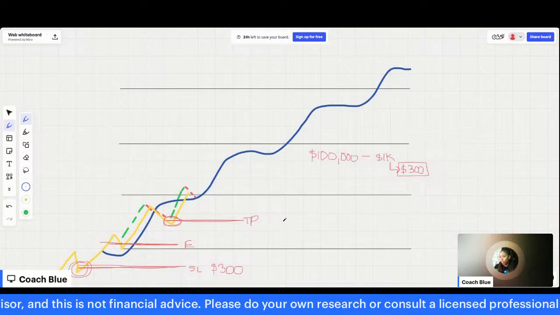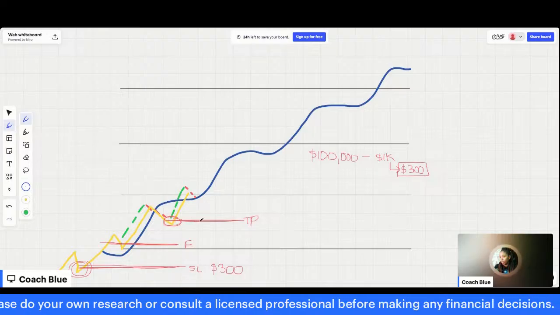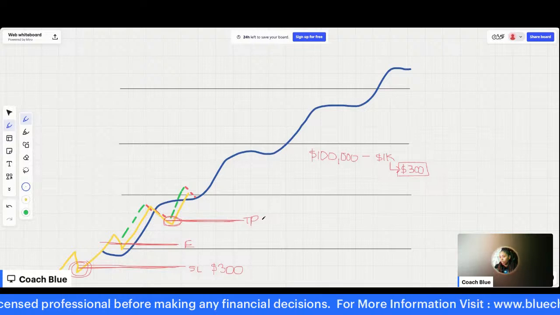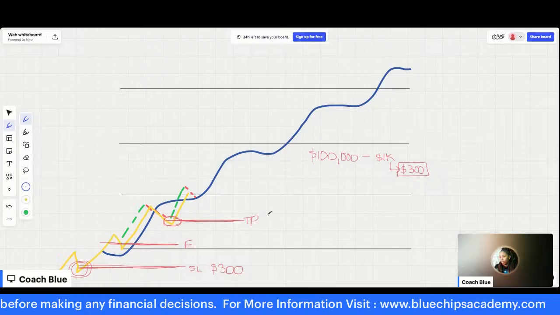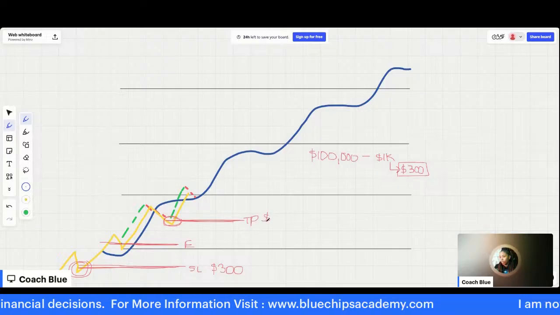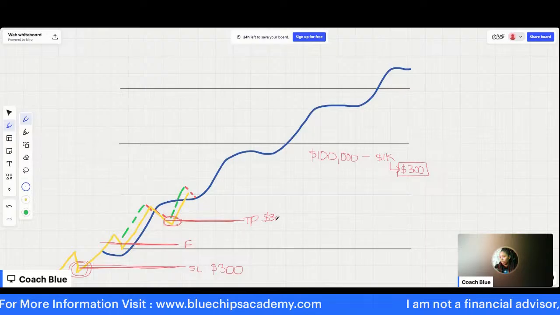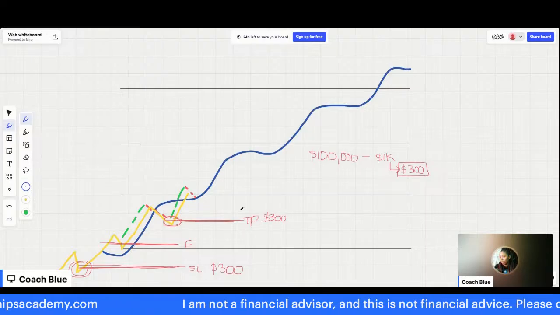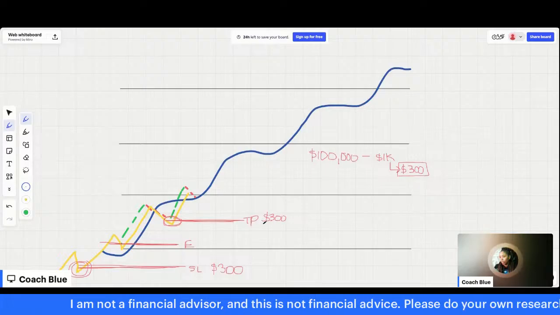We'll get into position trading, also day trading. We'll get into that in a minute. So the take profit here is probably around the same amount, 300. Again, the same scenario.